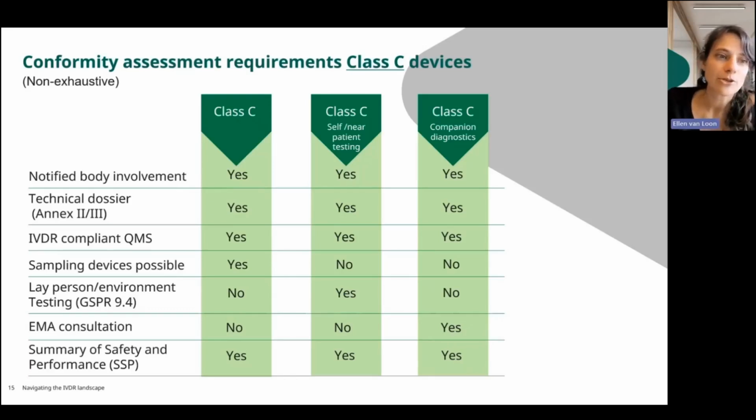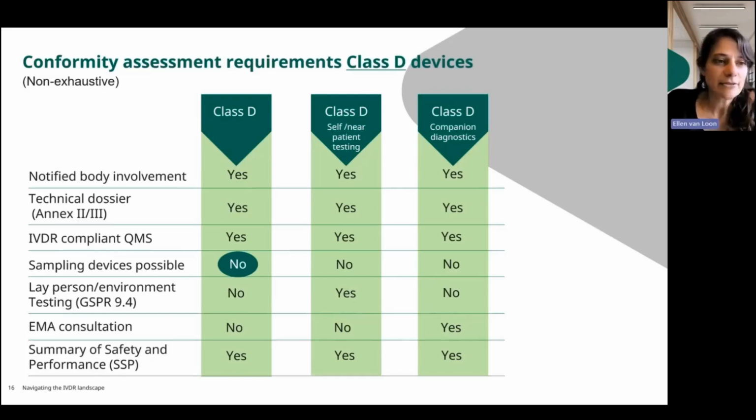Also here, layperson and environmental testing is expected for self and near patient testing, and for companion diagnostic, EMA consultation is necessary, and EMA stands for the European Medicines Agency. Also, Class C devices need a summary of safety and performance.